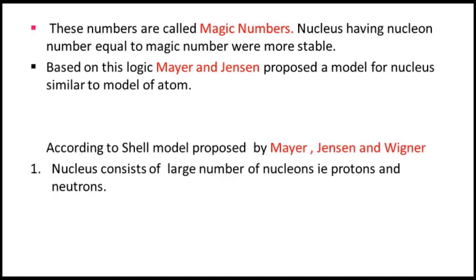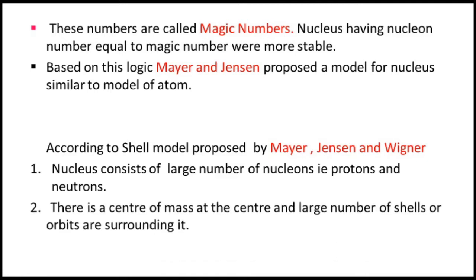So what did these scientists Mayer, Jensen and Wigner propose? According to them, a nucleus consists of a large number of nucleons, that is protons and neutrons. And there is a center of mass at the center and a large number of shells or orbits surrounding this center of mass inside the nucleus.